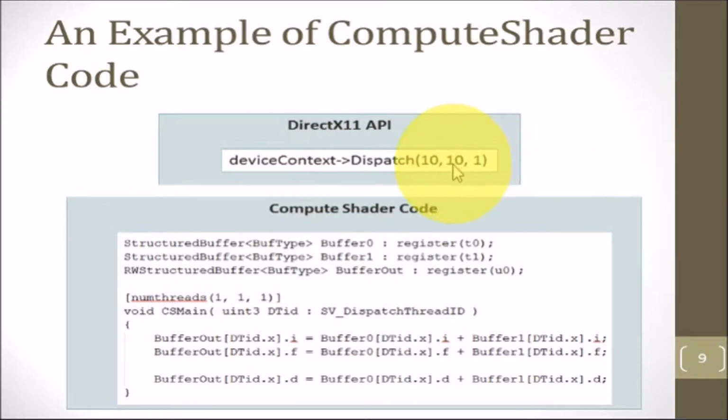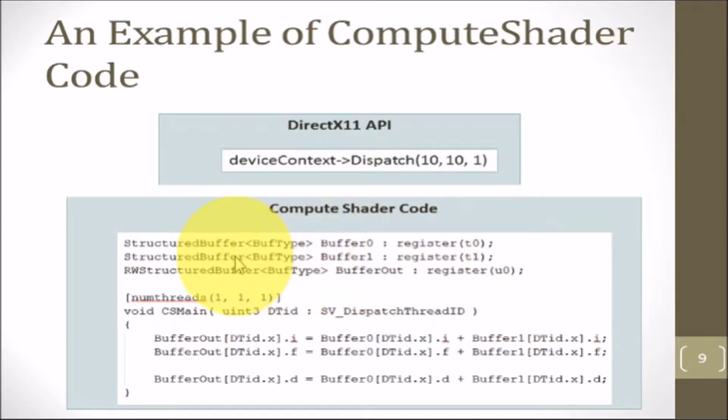Once this dispatch is called, this compute shader code will execute on GPU on the specified number of group threads. In this case the group thread value is 1,1,1, which means only one thread will run within each thread group.